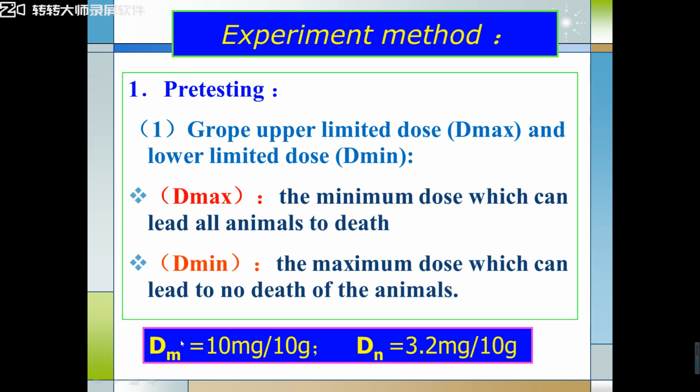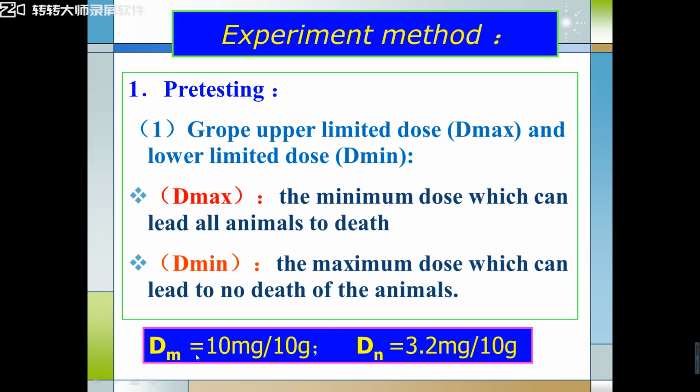Dmax of dipteryx is 10 mg per 10 gram. That means it can lead all animals to death. So if we use 11, 12, or 13, yes, the death rate is 100%. If we use 9, 8, 7, the death rate is reduced.